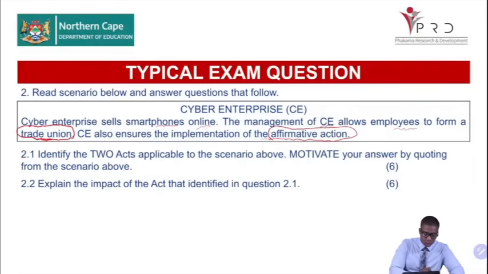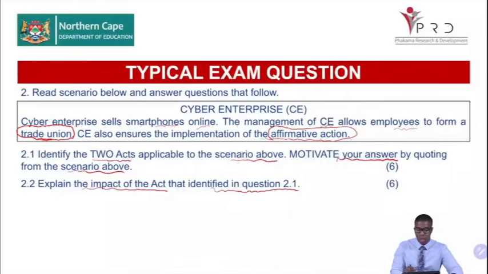So when you look into 2.1, it says to you identify 2 acts applicable to the scenario above. Then it says motivate your answer by quoting from the scenario above. Then it says explain the impact of the act that was identified in question 2.1. Now, that is how you go about analyzing your question. But very, very important, the identification of these 2 acts helps you to score more marks with the impact.